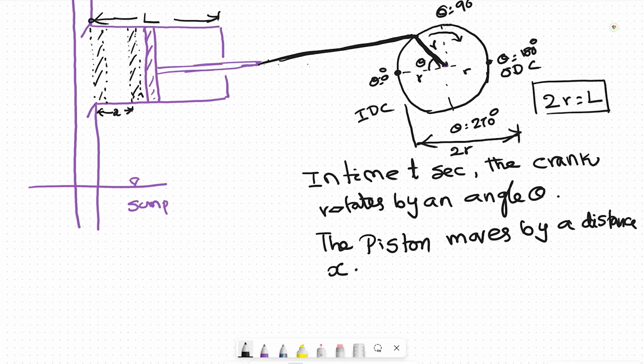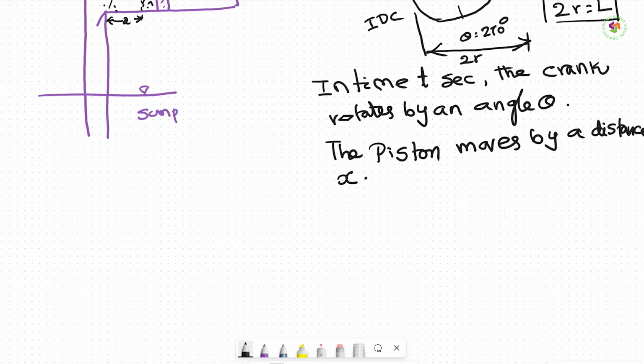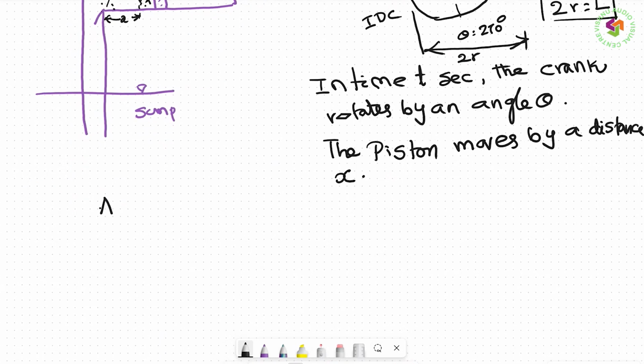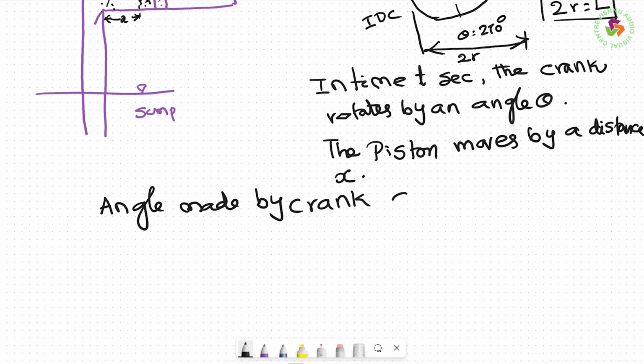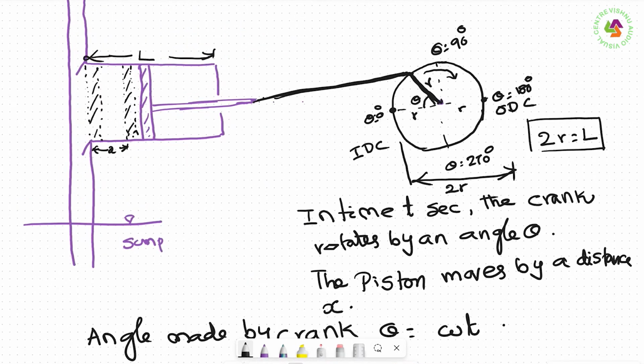Now next thing is the angle made by the crank theta, in time t seconds, is equal to omega into t. Now you see the figure actually.